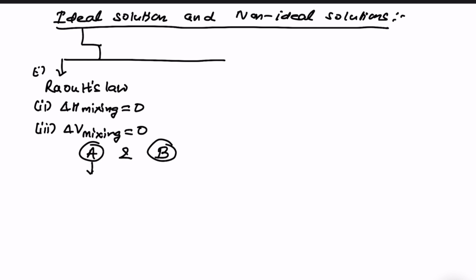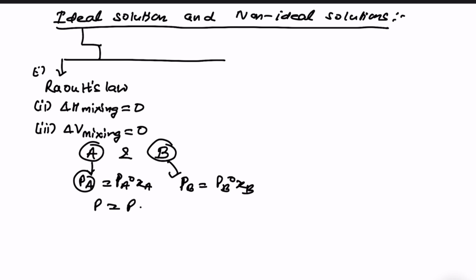That means the vapor pressure of A will be equal to PA naught into XA. Similarly, PB is equal to PB naught into XB. And the total pressure will be the sum of the two. So ideal solutions are those which obey Raoult's law.